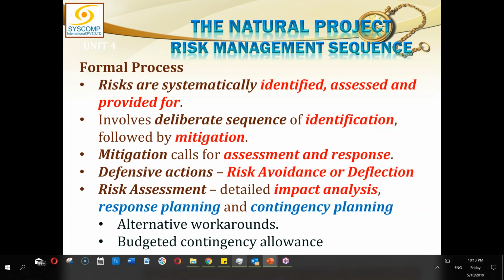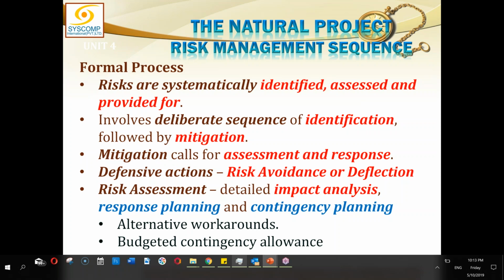Avoidance: we are getting out of the way of the risk. This is risk avoidance. And deflection is that I am somehow trying to shield myself from the risk as if it is deflected to someone else. So deflection can be kind of like risk transference. This could be a type of mitigation and things like that.